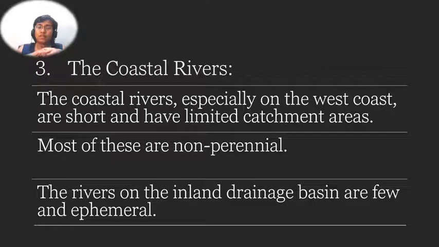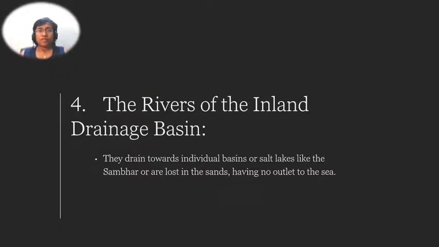And the rivers on this coast are very few and very rare also. This is the third category of rivers. And the fourth one is the rivers of the inland drainage basin. Inland drainage basin means these rivers flow into a certain basin or into certain lakes.